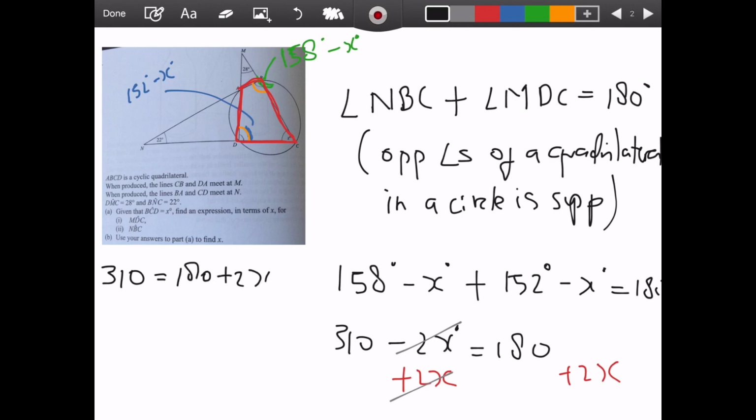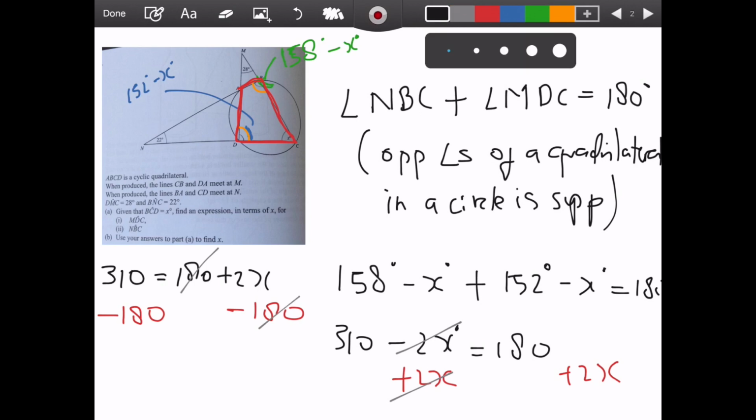Now you want 2x on the right hand side, so you just minus 180 on both sides, so they cancel off. So 310 minus 180 is equal to 130. Okay, so 130 equal to 2x.